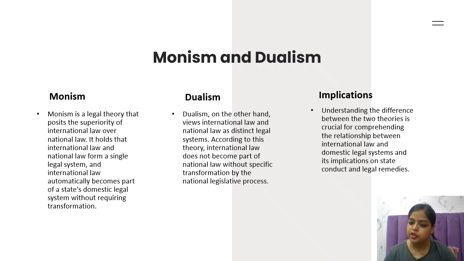So India has chosen dualistic approach, US, UK has chosen dualistic approach. So international law does not become part of their domestic system automatically. उनको अलग से बनाना पड़ता है legislation, तब जाकर वो उनके domestic system का part बनता है.